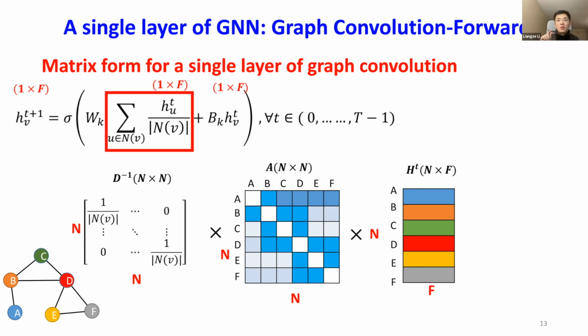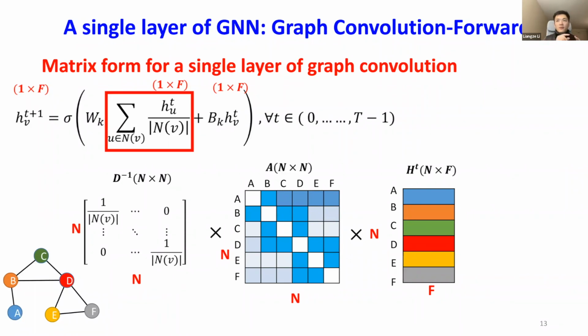So the first row of the neighboring matrix tells us what cells are neighbors of A, right? We're looking at A over here. And the first column of the feature matrix tells us what's in the first dimension, or the first feature, of each node, right? So that is basically giving us a combination of the first feature of nodes that are A's neighbors, right? I hope I made that point clearly.